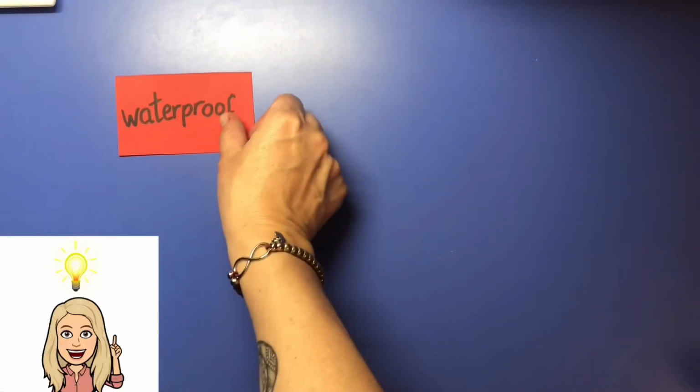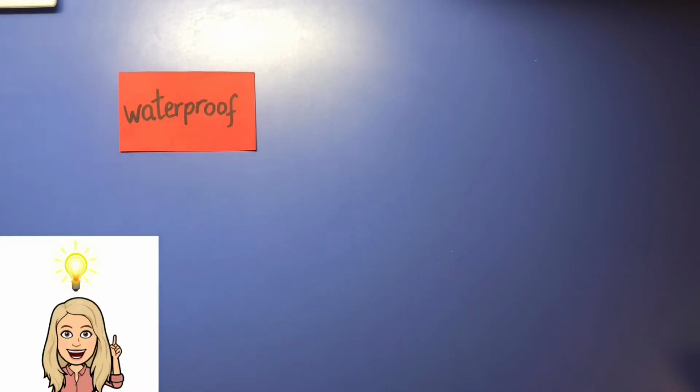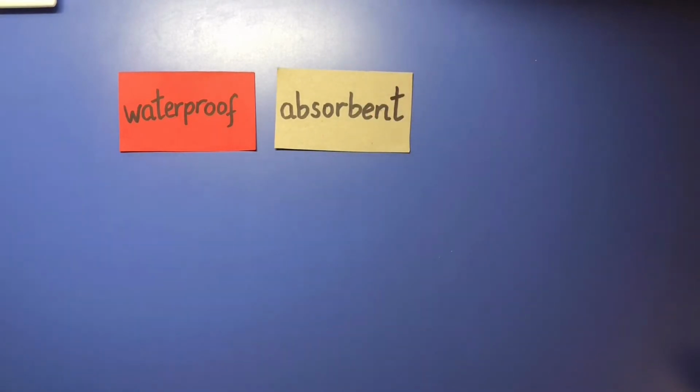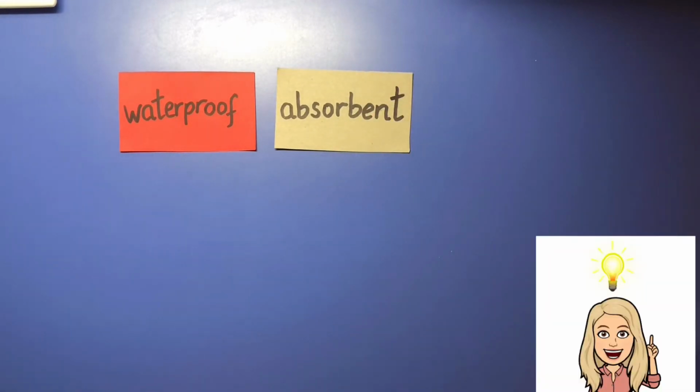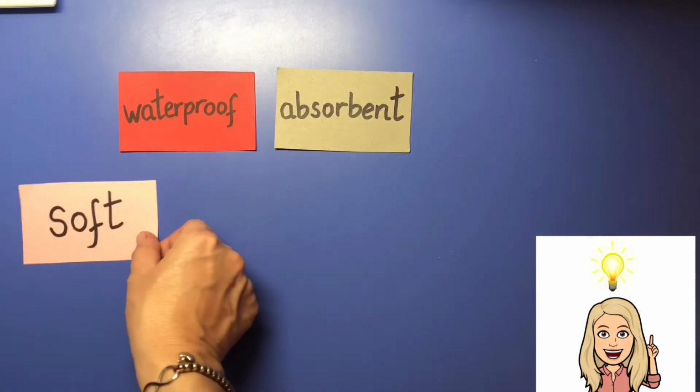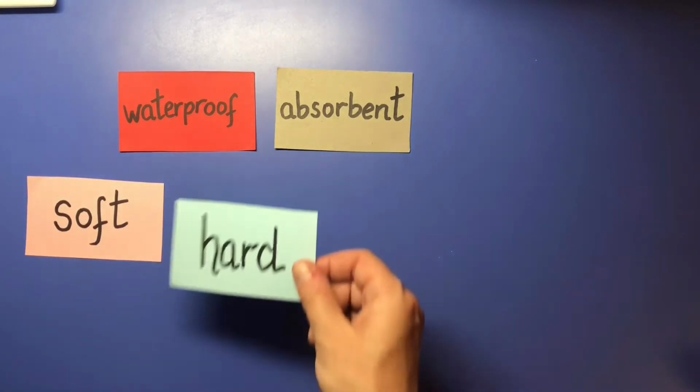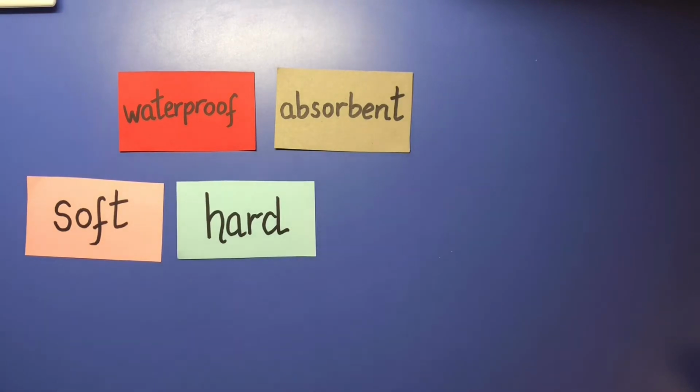Now it's your turn. What's the opposite of waterproof? Absorbent. Very good. What's the opposite of soft? Hard. Very good.